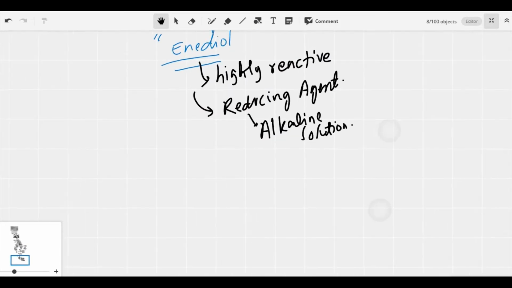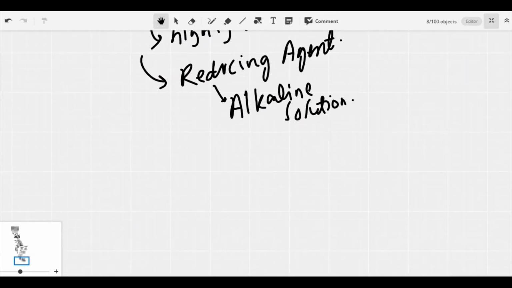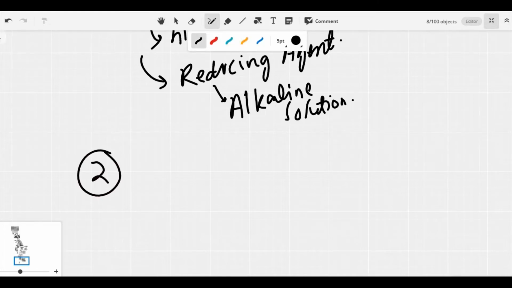Okay, so now we are going to discuss the next reaction, that is reducing properties.